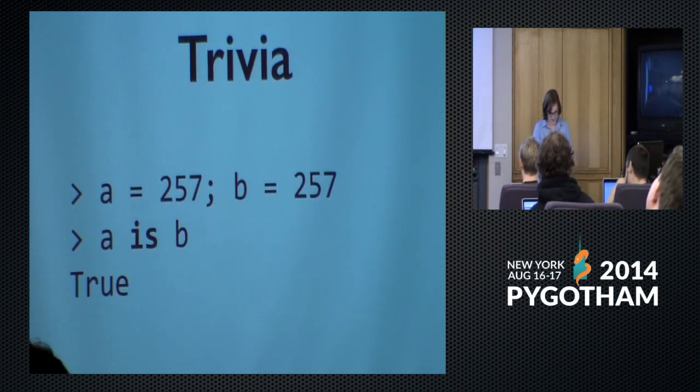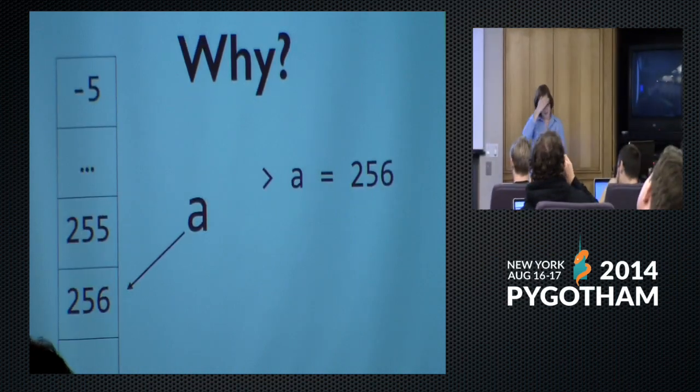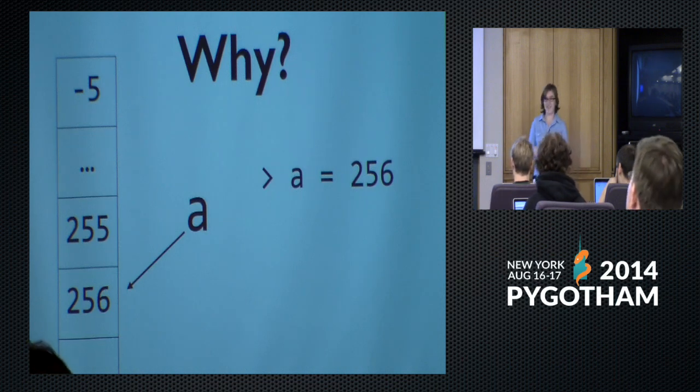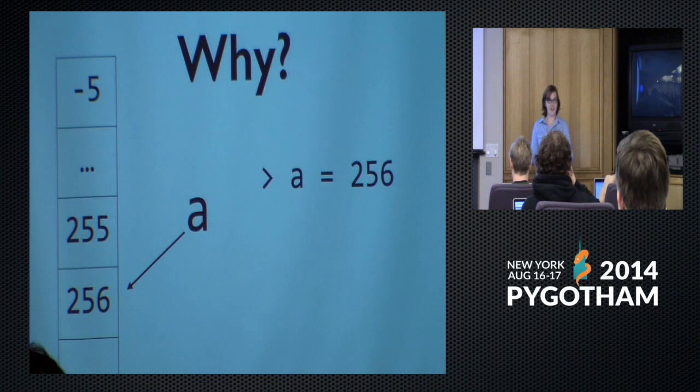This is really bizarre. It turns out that in the CPython interpreter, integers between -5 and 256 are stored and initialized in an array. So we have instances of the integer objects already stored between -5 and 256.